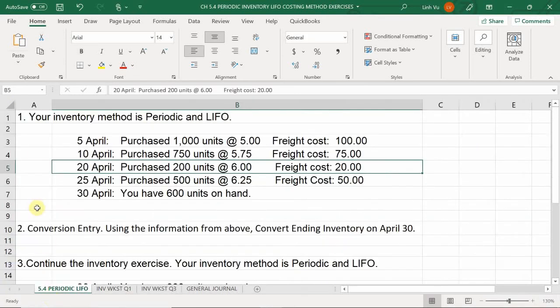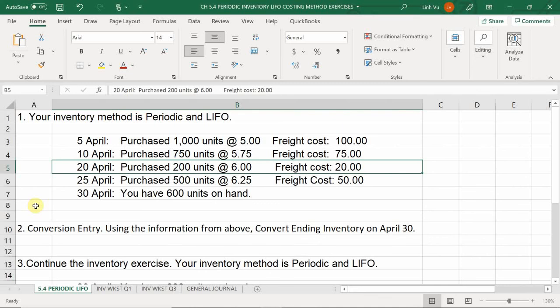Okay. All right, then on April 25th, we end up purchasing 500 units at $6.25 each with a freight costing $50.